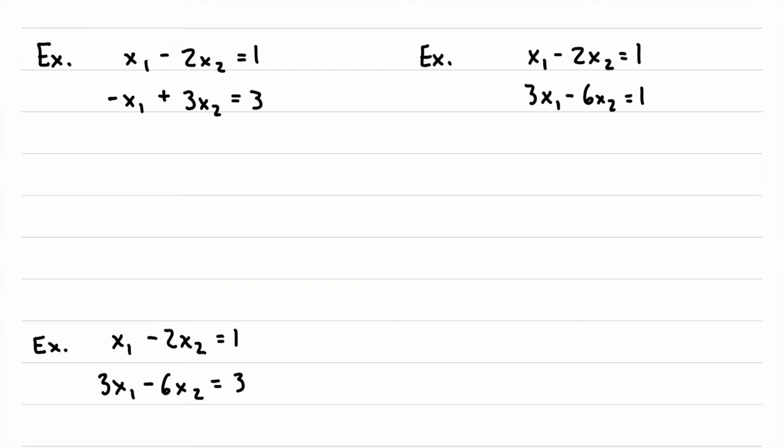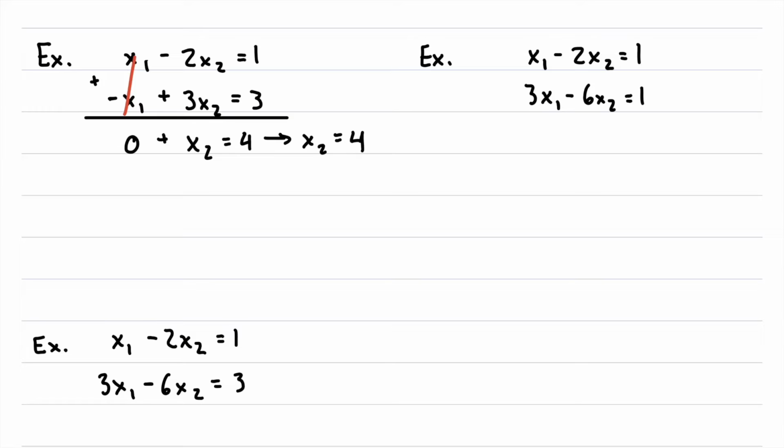For the first one, we're going to use the elimination method to cancel out the x1 variables. Doing so, we add both equations together. We get 0 plus x2 equals 4. So x2 equals 4.